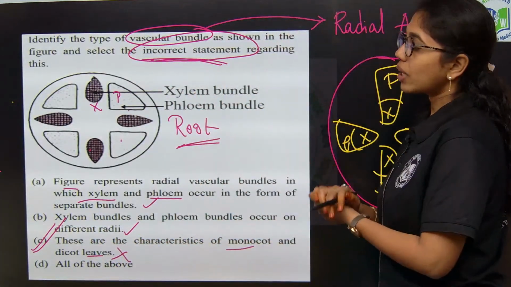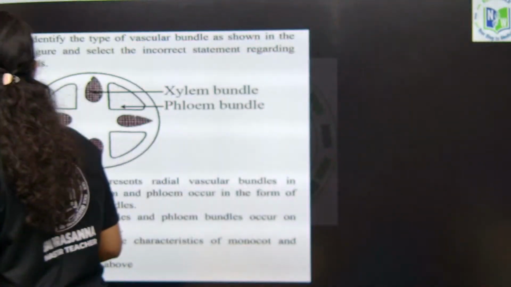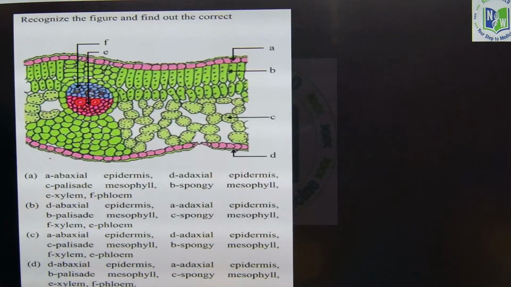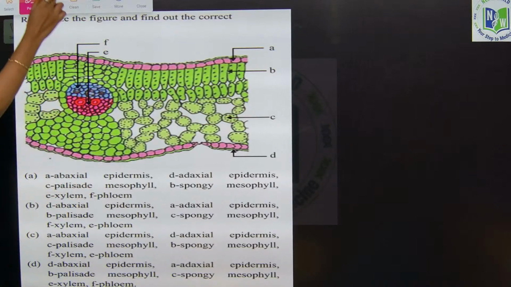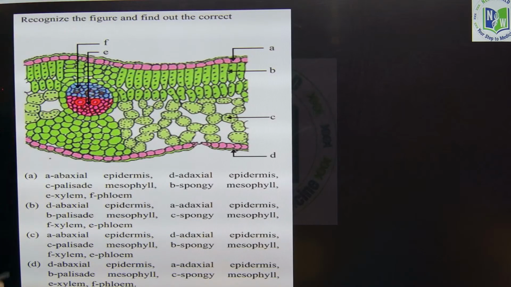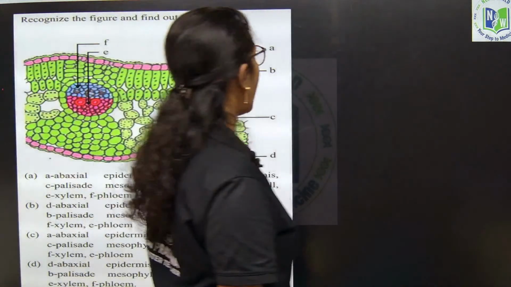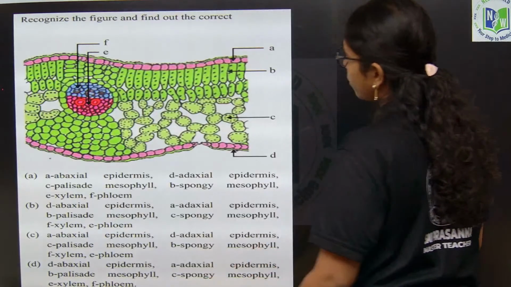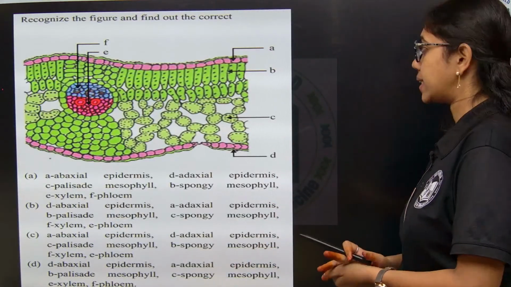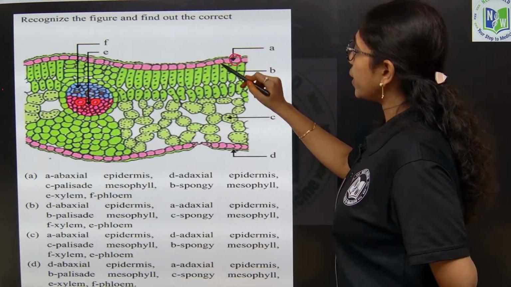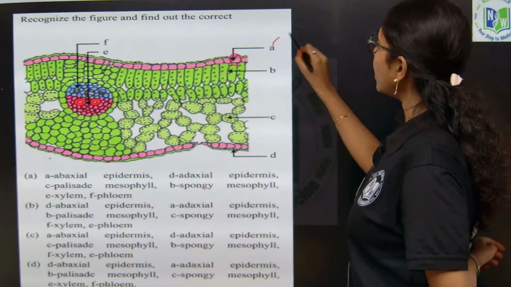Okay. So, now let us move to the last question of today's session, which is a diagram based question. Look at it carefully, ma. Recognize the figure and find out the correct option. So, here the upper epidermis or dorsal epidermis is what?